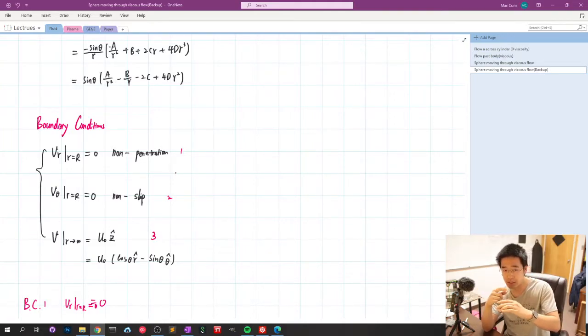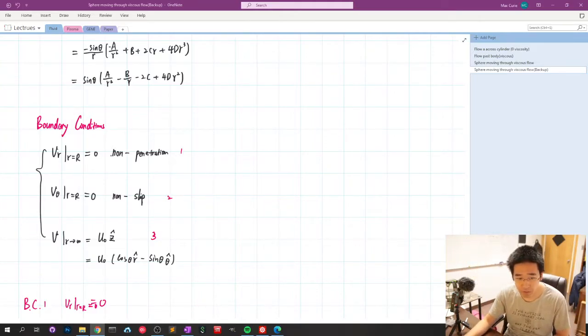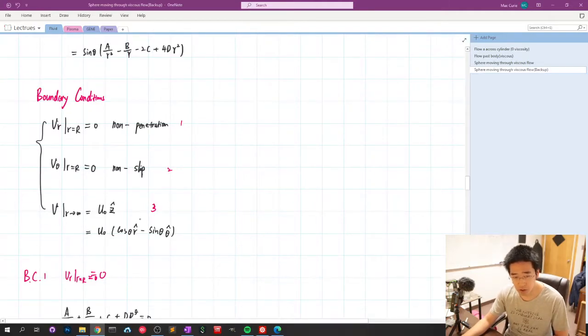The theta direction has to be 0 because the ball is static. That's a no-slip boundary condition. And at infinity, we would assume the flow is u_0 z. It will flow in the same velocity, same direction at infinity. So with those 3 boundary conditions, we arrive at 4 equations, because it's a vector, so we'll have 2 separate equations.